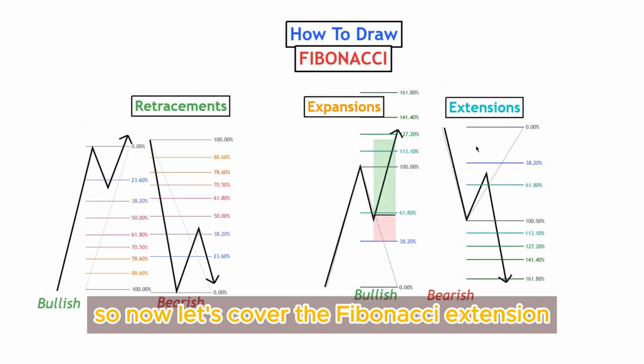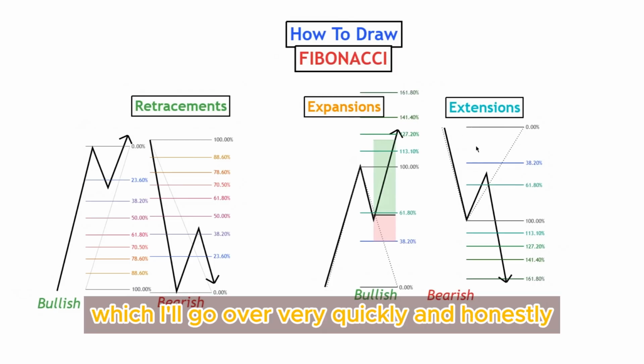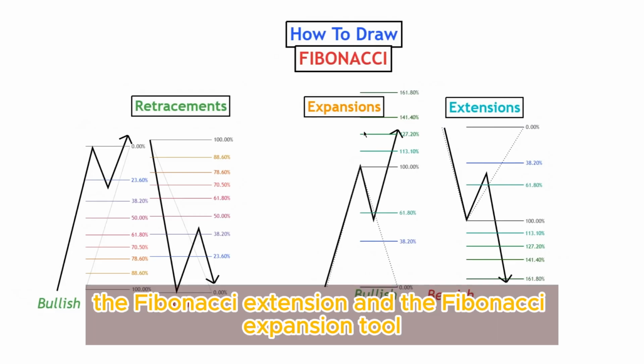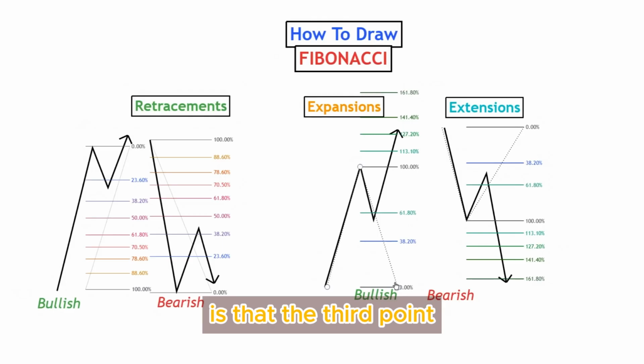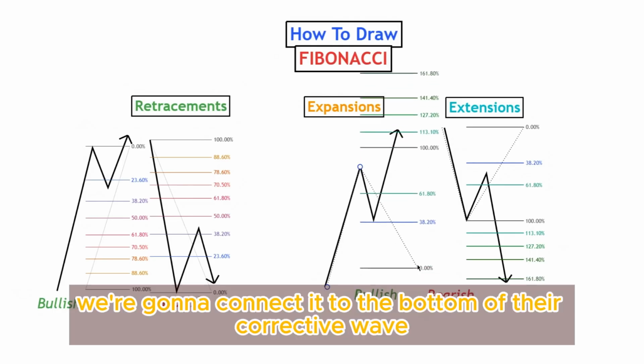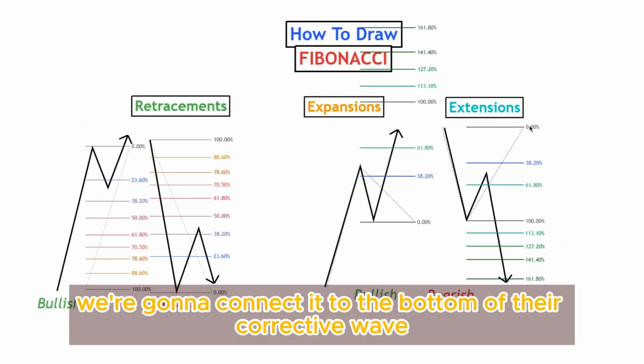So now let's cover the Fibonacci extension, which I'll go over very quickly. And honestly, the main difference between the Fibonacci extension and the Fibonacci expansion tool is that the third point, instead of being connected back to the high or low, we're going to connect it to the bottom of the corrective wave.